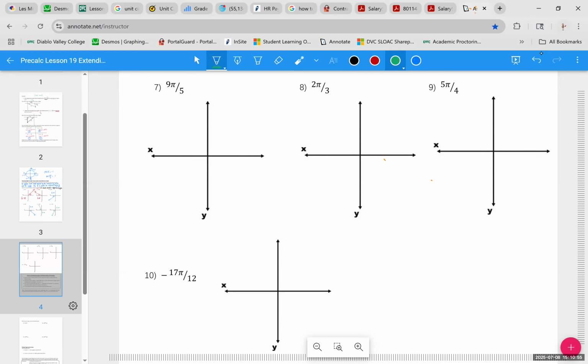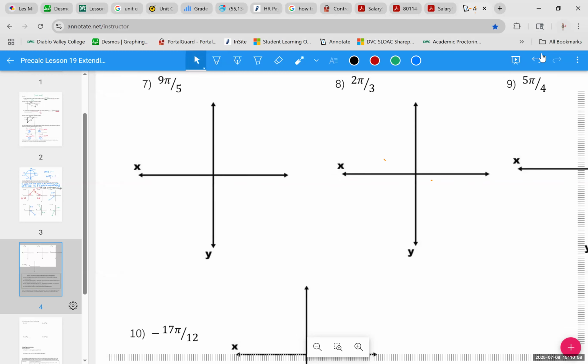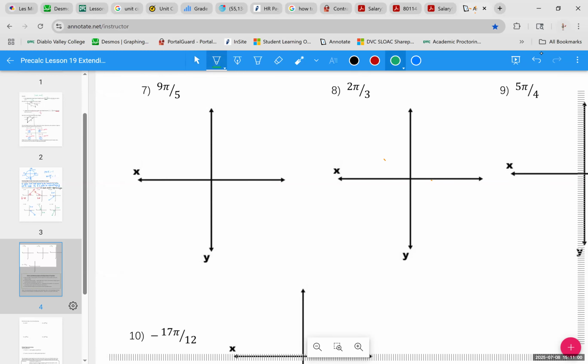All right, so let's start with 9 pi over 5. Let me zoom in just a little here. So remember how we did this in the last lesson? We looked at the over 5, and we want to convert pi to over 5 and 2 pi to over 5. So 5 over 5 is 1, 10 over 5 is 2.